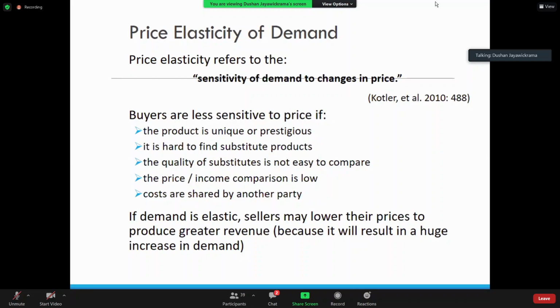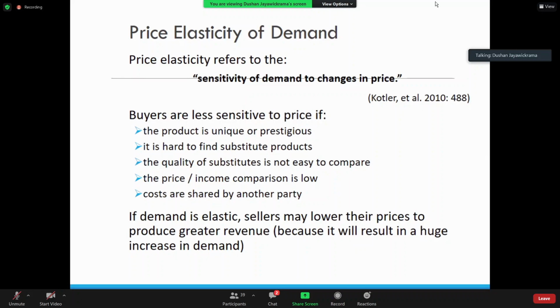Because for some it's essential, and the other reason is, if you have a vehicle, you have to. Likewise, there are certain things where you are very price sensitive, and in some cases, it's not. Price-income comparison: if it's relatively small compared to your salary, you are less sensitive. So you don't care about a little increment.